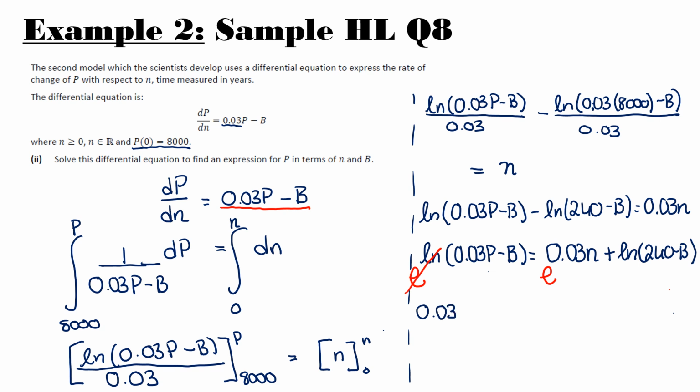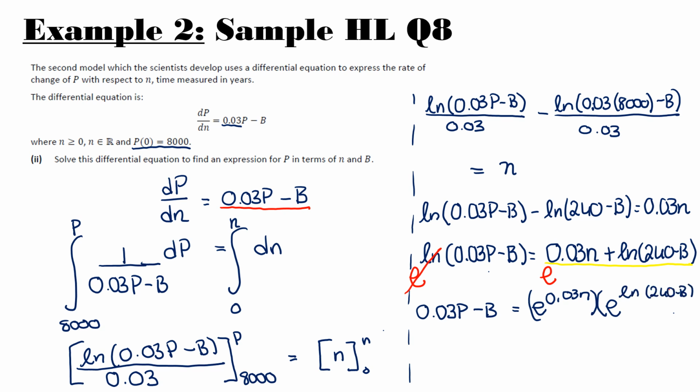So 0.03p minus b equals e to the power of 0.03n. Now, we're going to use the first rule of indices here. The power, so that's my power of e, the powers are added together, meaning we can break that out into e to the power of 0.03n and e to the power of ln (240 minus b).